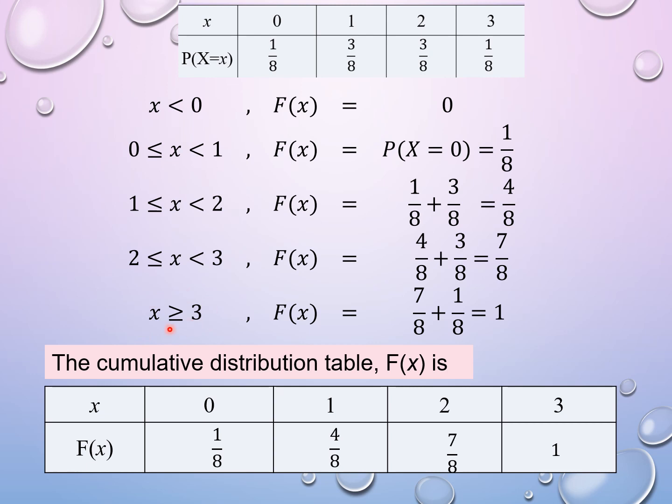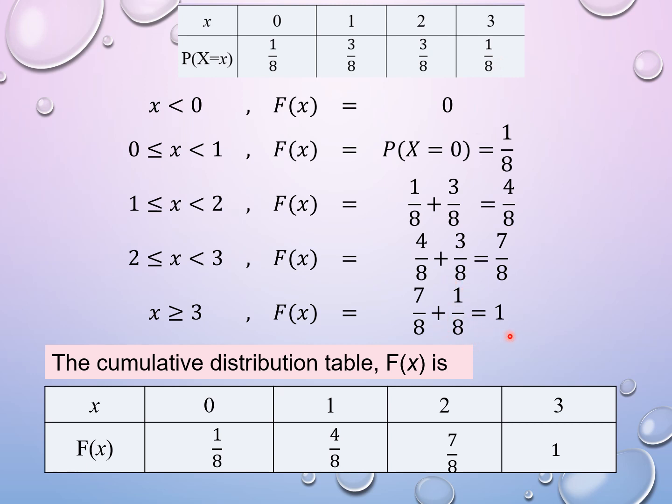Then for the last one, we have x greater than or equal to 3. Only for the last value, you need to write it down in this form. X greater than or equal to 3, which is, we total up the previous numbers, which is 0, 1, 2. This is the one, 7 over 8, plus the current number, which is 3, 1 over 8.